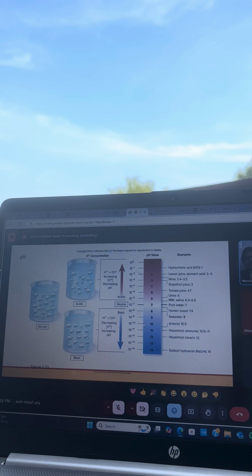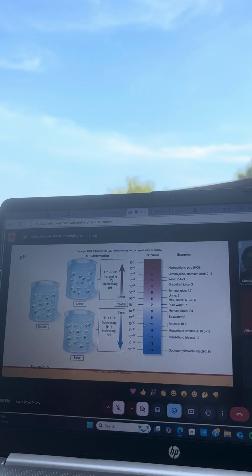pH, if a solution has a pH of 4, is it acid or a base or neutral? Acid. Yes. So anything with pH less than 7 would be an acid. And if the pH is 10, is it acid, base, or what? Base.